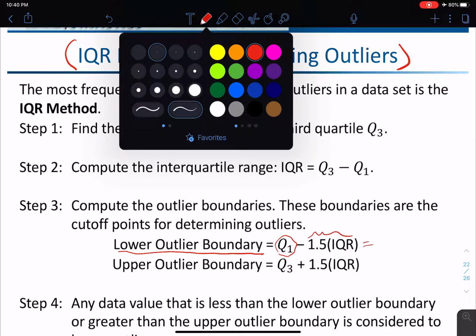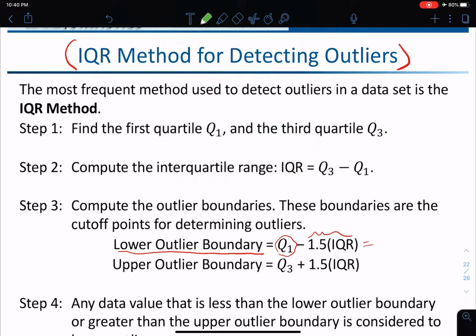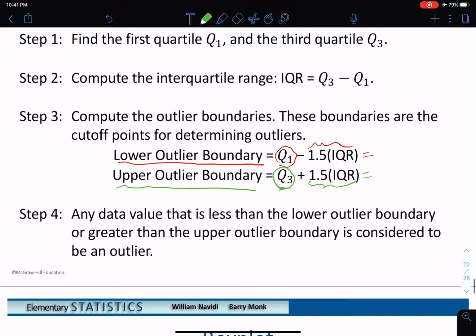Now, on the other side of things, the upper outlier boundary, what we do is we take Q3 and, well, order of operations, right? We're going to multiply 1.5 times IQR, and then we're going to add that to Q3, and that number gives us the upper outlier boundary, which means anything bigger than that is an outlier, and we can cross that out.